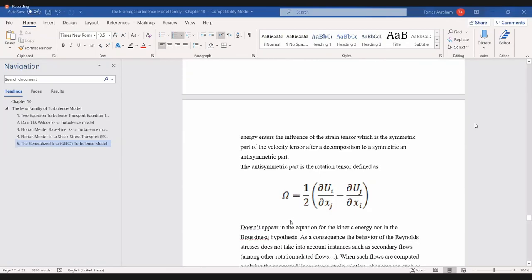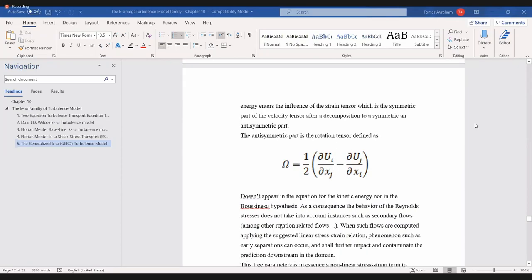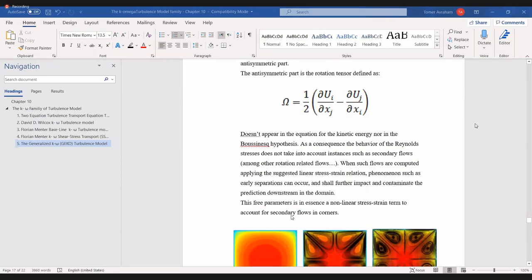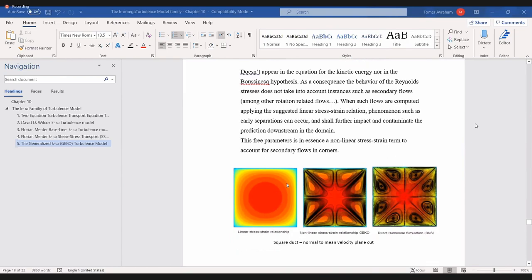It doesn't appear in the kinetic energy nor in the Boussinesq hypothesis. So as a consequence, this is what you get when you have a square duct with a k-omega SST model. This is a DNS, and this is a nonlinear stress-strain relationship of Gecko.